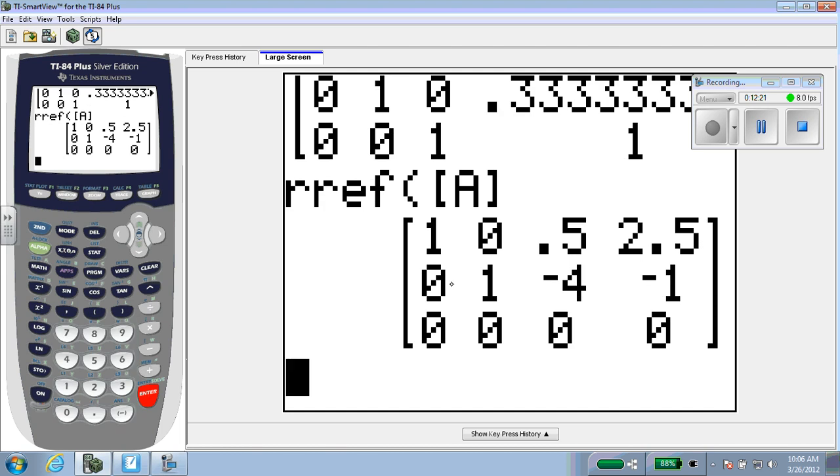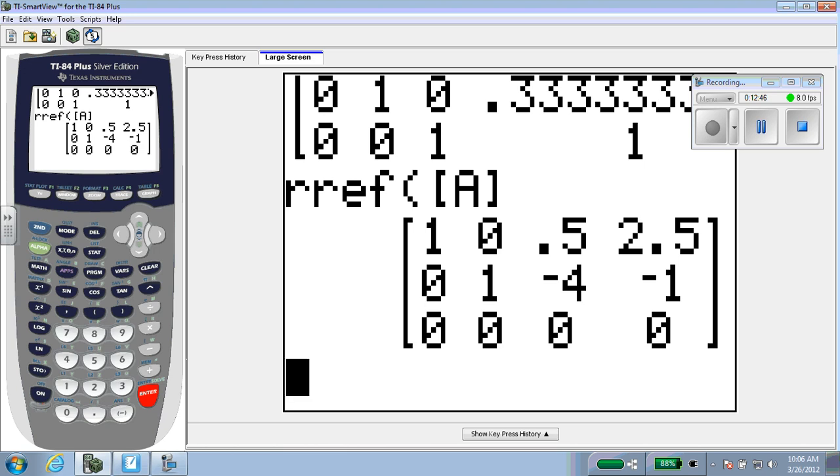And what we have is not a unique solution. We have x plus 1/2 z equals 2.5, with y minus 4z equals negative 1, with 0 equals 0.